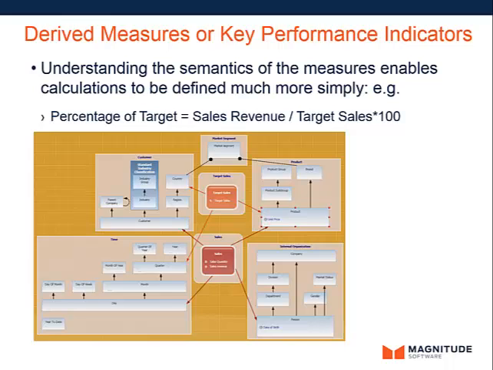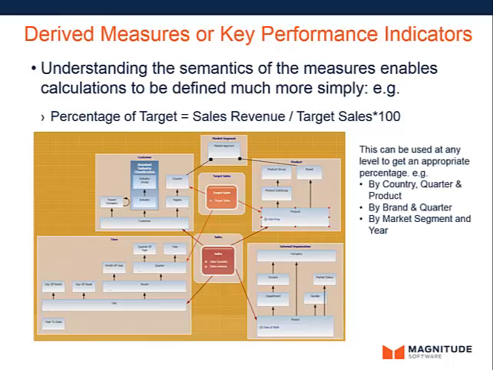If you follow the arrows to where there is a common point, then that is where you can make that calculation. So let's do that. The common point is country, quarter, and product. So if you summarize the actual sales data to country and quarter, you can make the calculation.